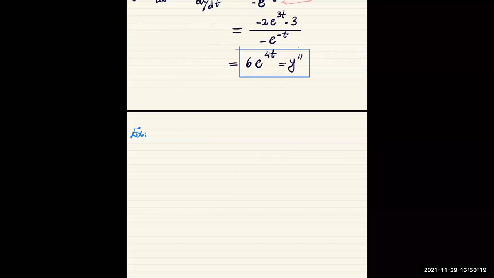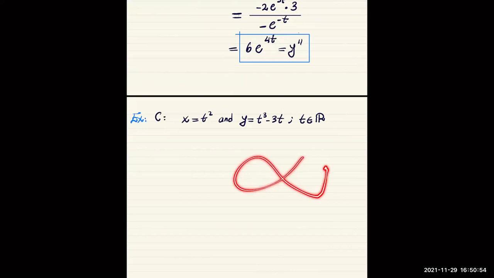Let's say we have a parametric curve defined by x equals t squared, and y equals t cubed minus 3t. By the way, the book does this problem without certain steps, which I find really confusing. For example, there are some curves that intersect.